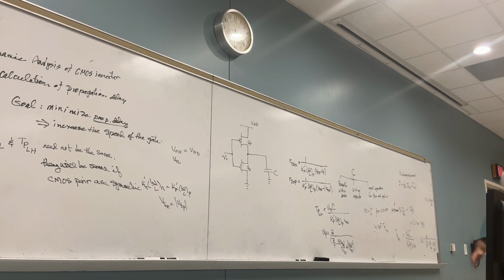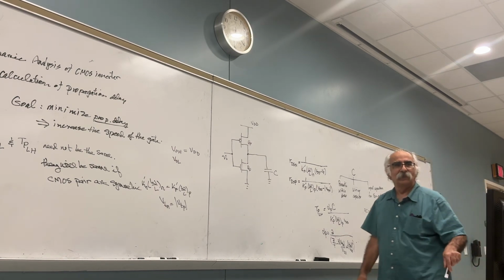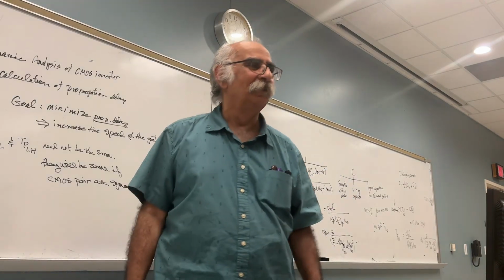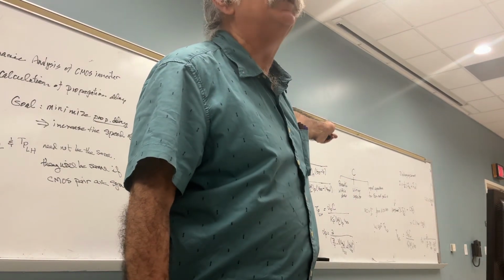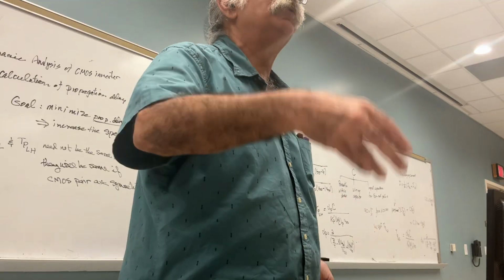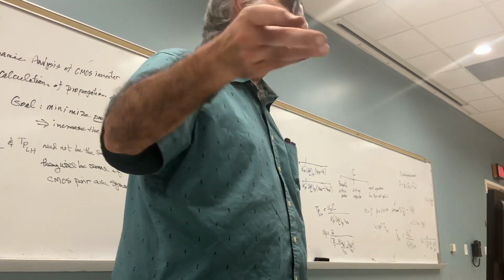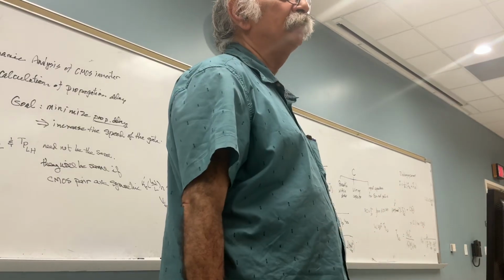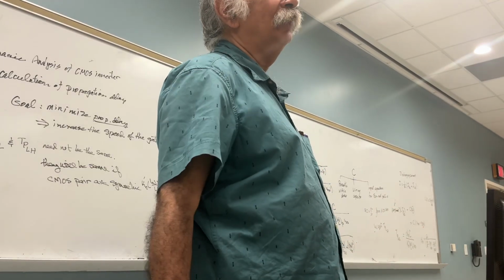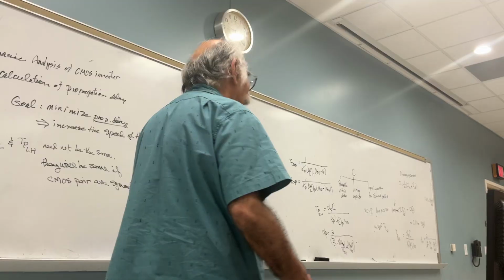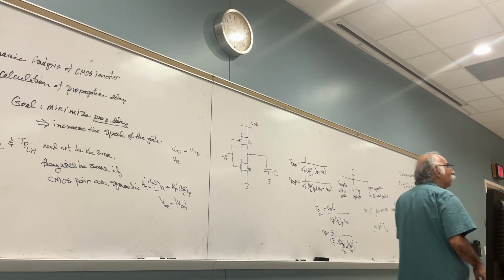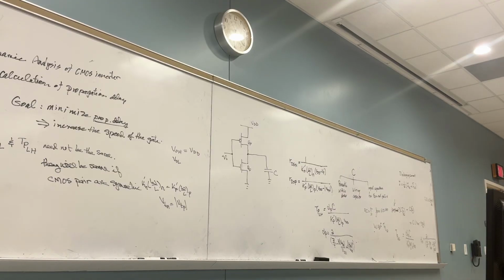During the charging and the discharging, is there current passing through the devices? Yes. That results in power dissipation. You follow me or not? Which we'll calculate shortly. Clear? Do you see the dilemma?